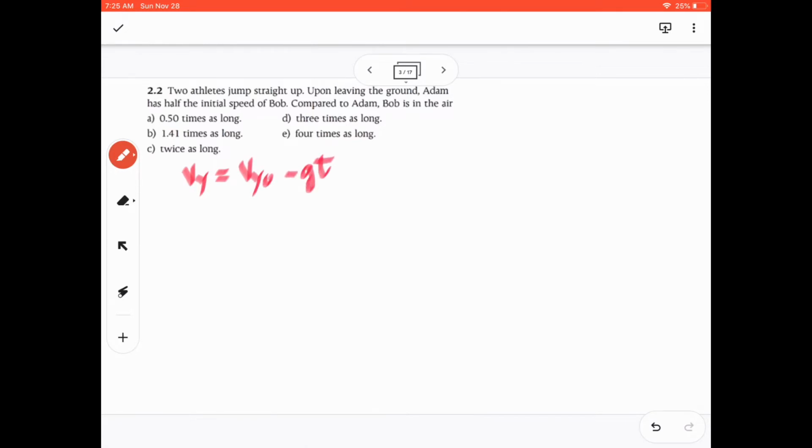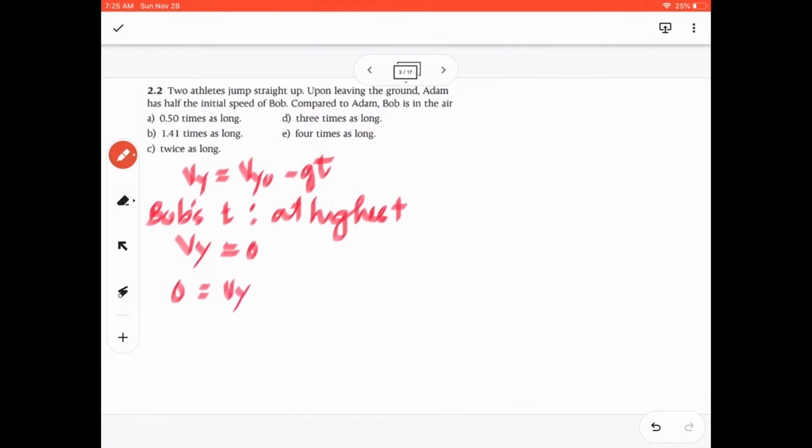First we're going to solve for Bob's t. At the highest jump of Bob, Vy is equal to 0. So for our equation, 0 is equal to Vyo minus gt.